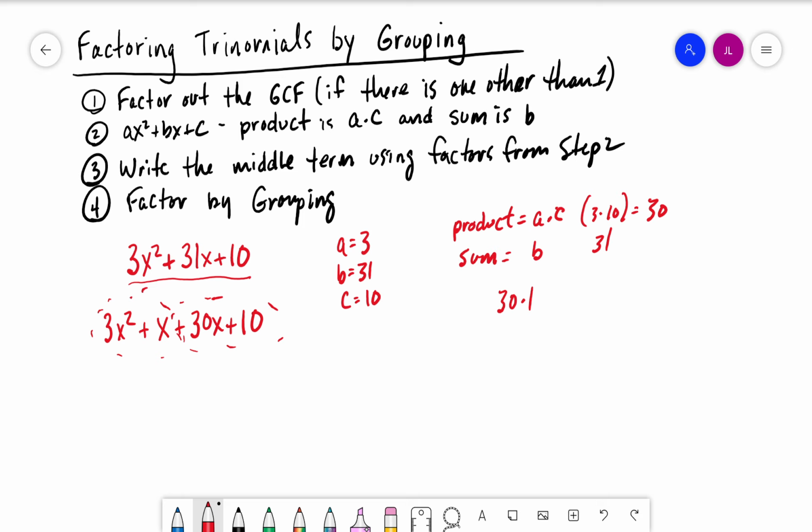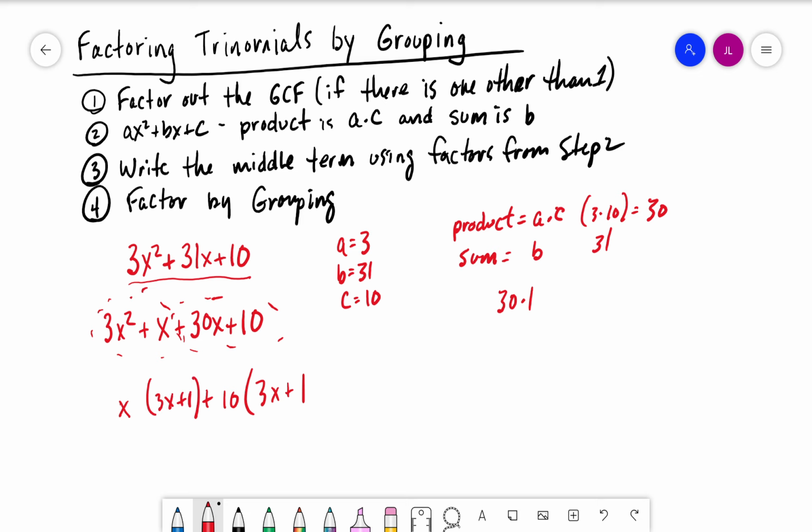So 3x² plus x, when we factor x out, we get x times 3x plus 1. Plus 30x and 10, we can factor a 10 out, and we get 10 times 3x plus 1. I wrote my first term backwards here. It should be 3x plus 1.